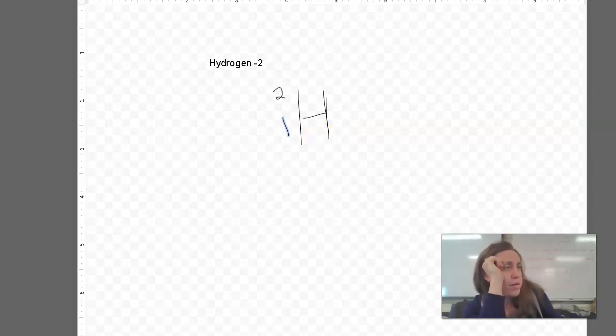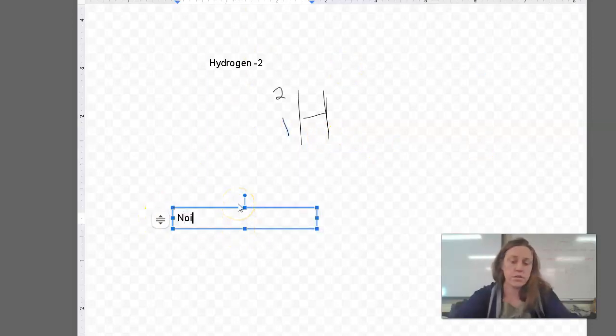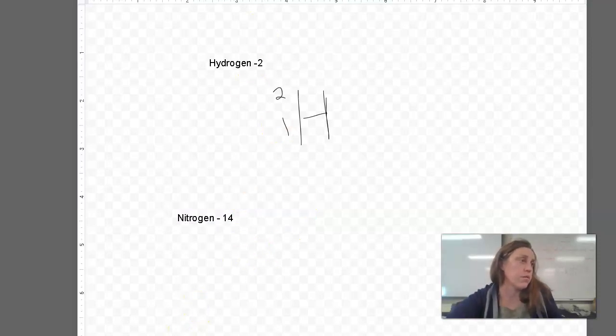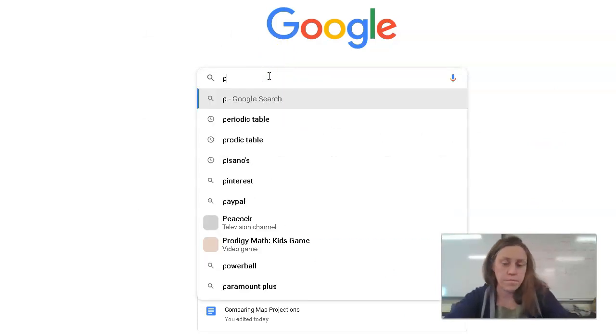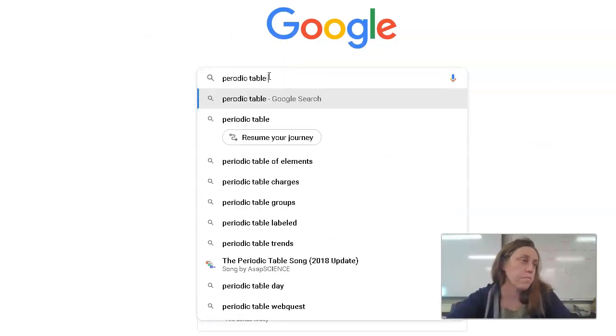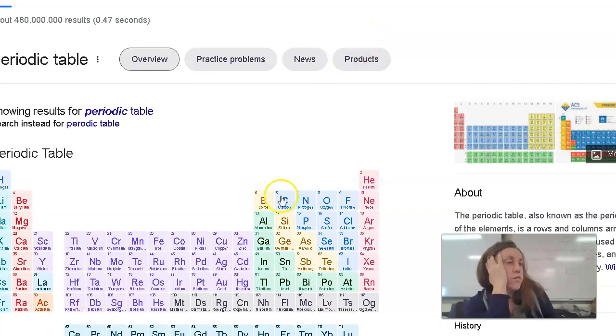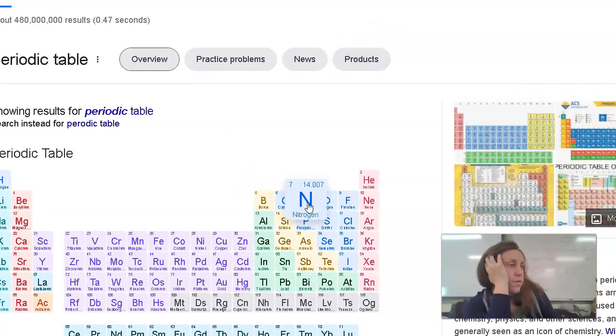So the next element is going to be nitrogen-14. Okay. So I go look on my periodic table. I'll go ahead and pull one up. You'll know some elements, and we're going to pull up nitrogen.